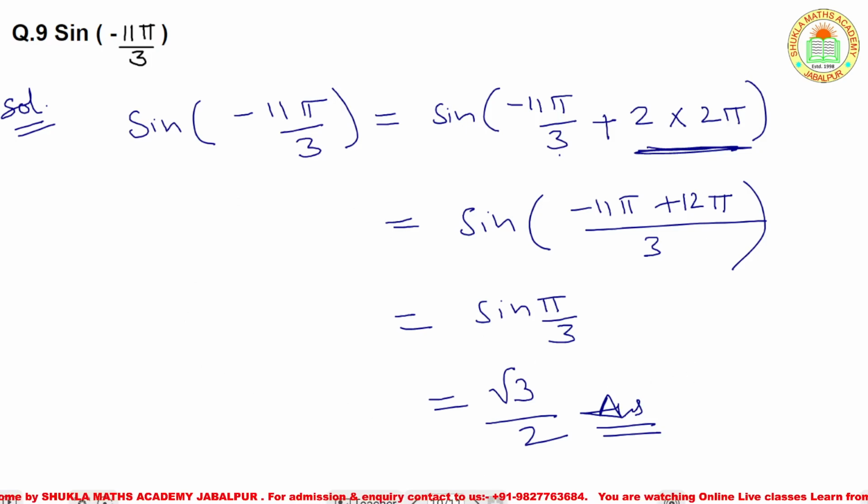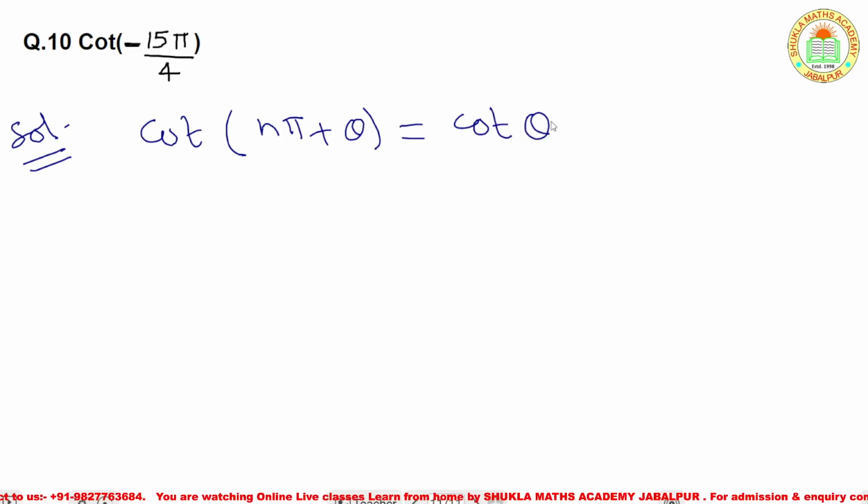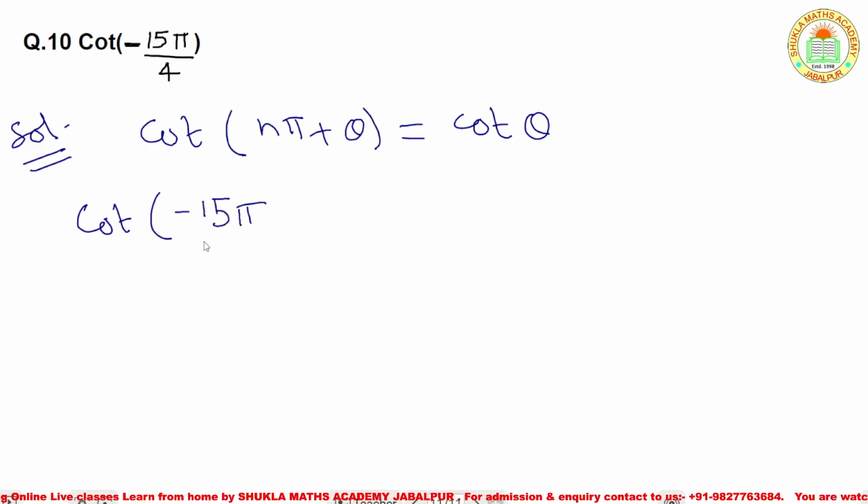And now the next and last question of this exercise is question number 10. That is the value of cot of minus 15 pi by 4. It is also negative. So we know that cot of n pi plus theta is also cot theta, because the values of tan and cot repeat after the interval pi. Okay. So cot of minus 15 pi by 4.